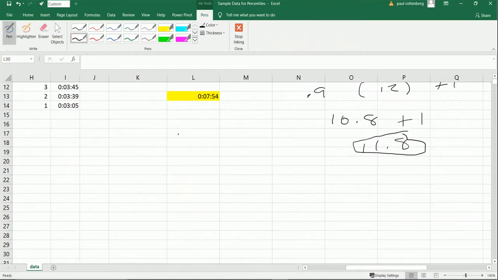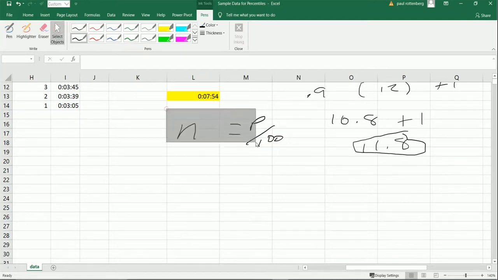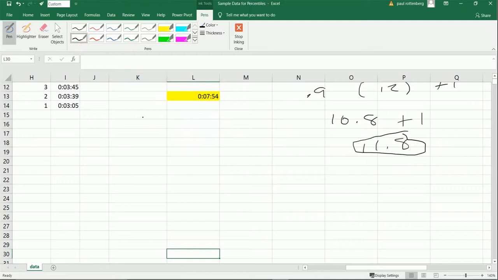So percentile.exc, grab my pen here. The formula is n equals p over 100. Actually, you know what? I need to move this a little bit, so I'm going to block all this stuff and get rid of it, and I'll start over here to the left a little bit. So we're going to say n equals p over 100 times n plus 1.